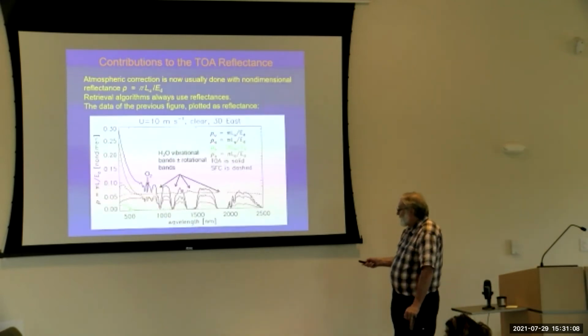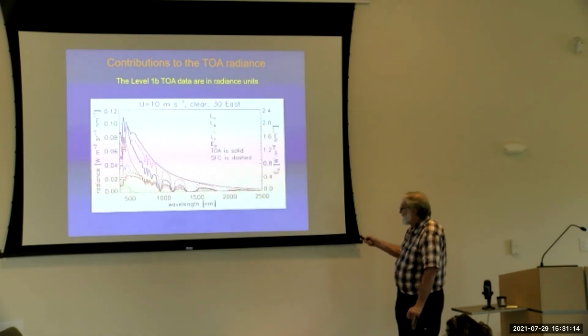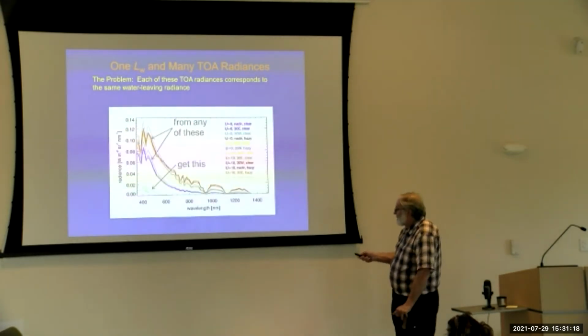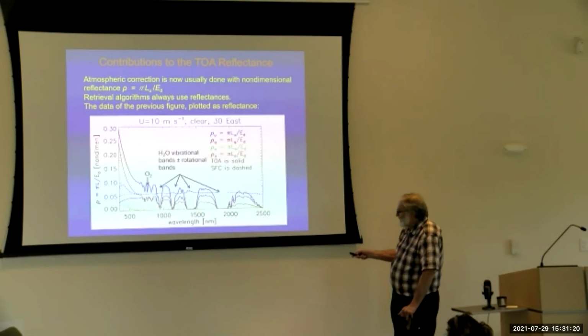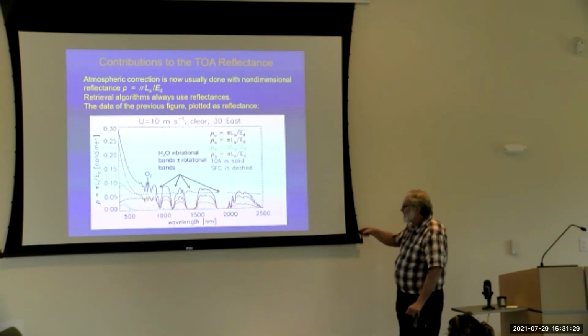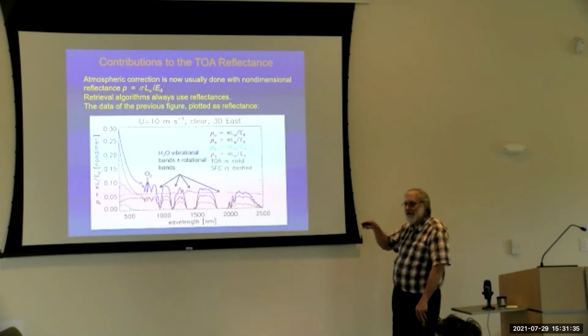And yeah, here's now the same thing. This is plotted as radiances, but then if you take the radiance divided by the irradiance, NASA turns this into a non-dimensional reflectance, which is radiance divided by irradiance times pi, which is units of radiance. So NASA does all of their work now with reflectances rather than radiances.